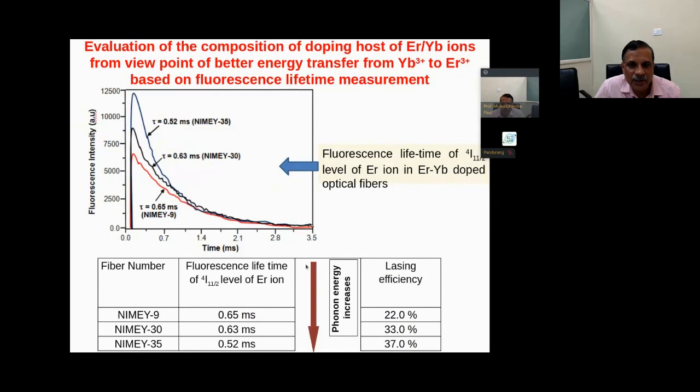And we have also measured the fluorescence lifetime of different fibers with increasing phosphorus doping level. Here, as phosphorus increases, the fluorescence lifetime of the 4I11/2 level gradually decreases.